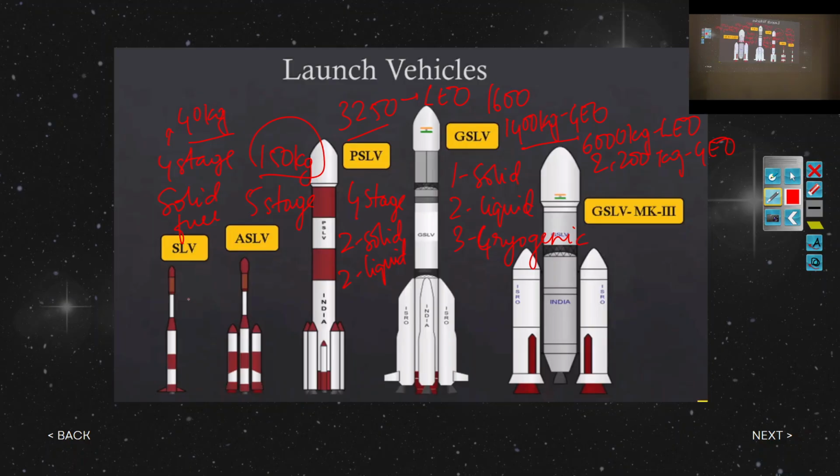So next PSLV, that is Polar Satellite Launch Vehicle. Here it had 4 stages, 2 solid and 2 liquid stages.